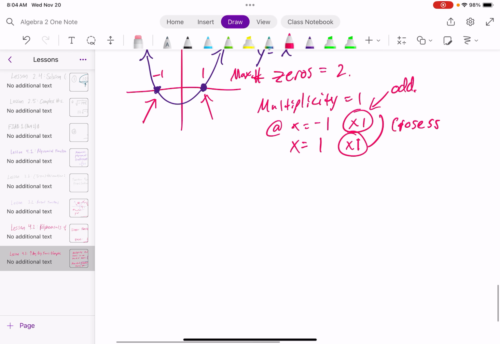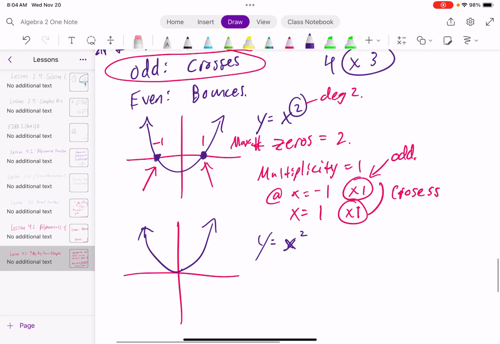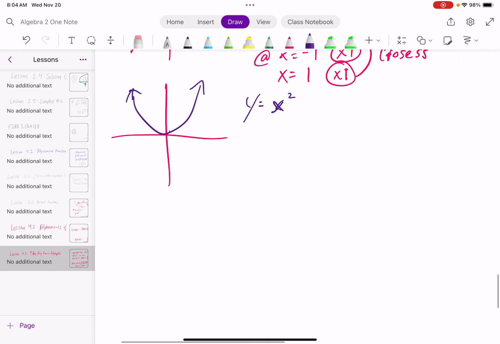In another example, like let's say you had something like this, right? This is y is x squared. This one up here was something different, like minus 2, whatever. But here, this is y is equal to x squared. And if we set that equal to 0 to find the zeros, well, basically just solve it.